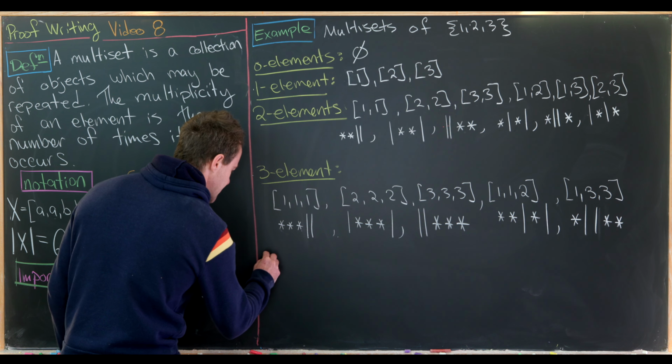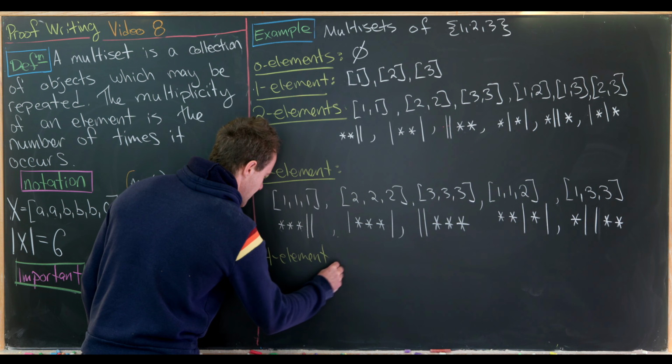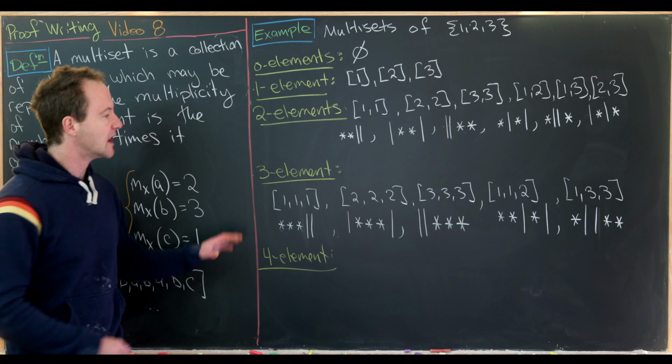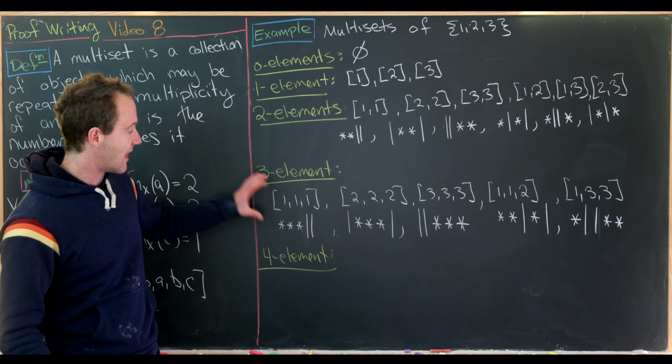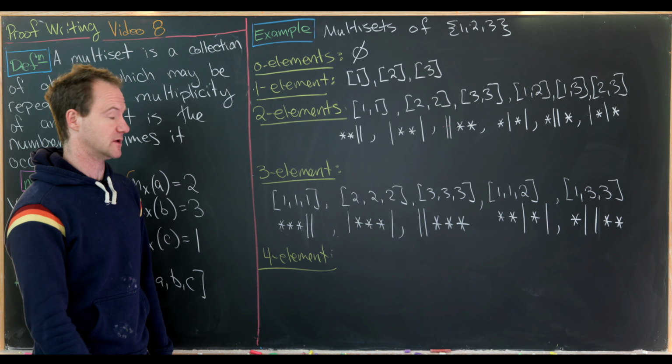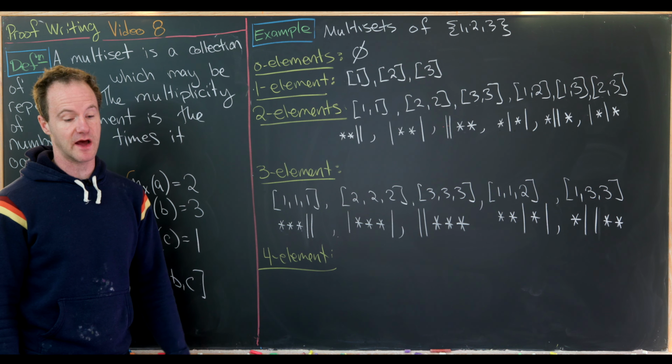I want to be clear that this is not a full enumeration of the 3-element multisets. It might be a nice warm-up exercise for you to write down the rest of them if you'd like.